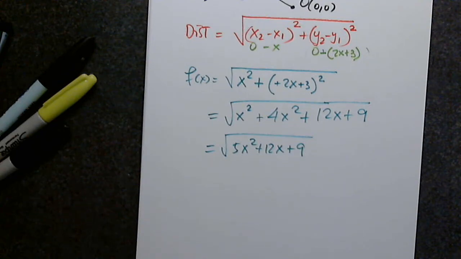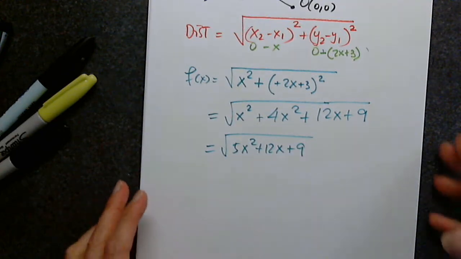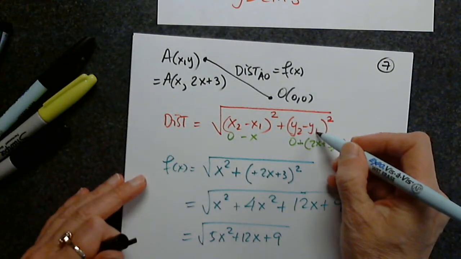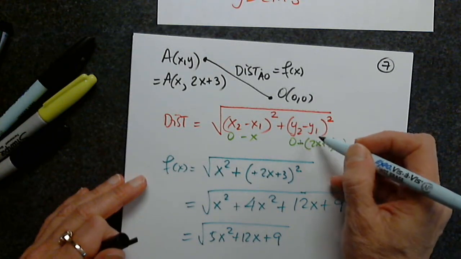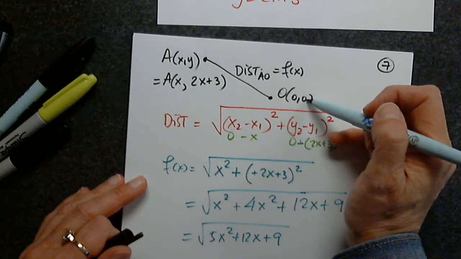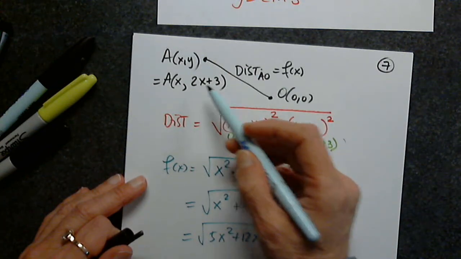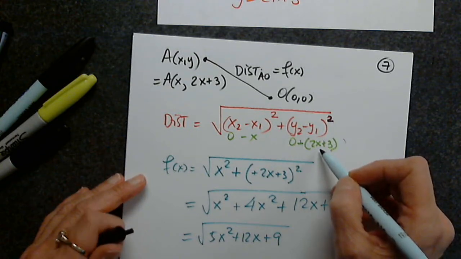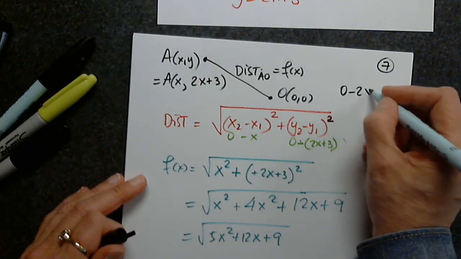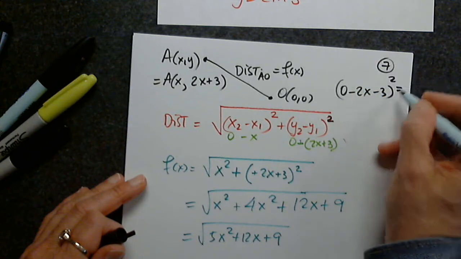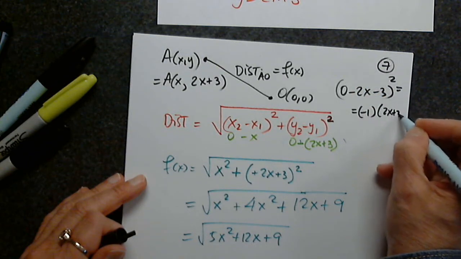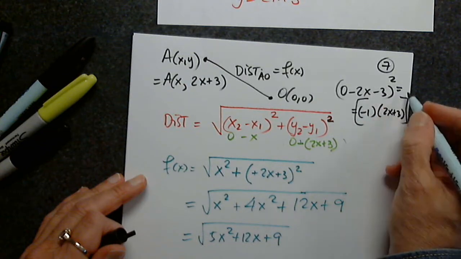Question. Yes, please. What's the plus 2x plus 3? So when I write y1, y2 was 0, 0 minus this. But since I have to square it, everything is positive. So 0 minus 2x minus 3 squared is the same as negative 1 times 2x plus 3, everything squared.